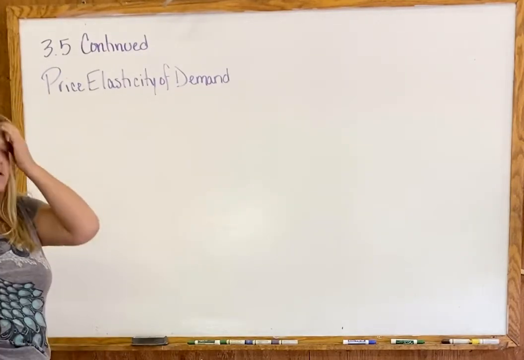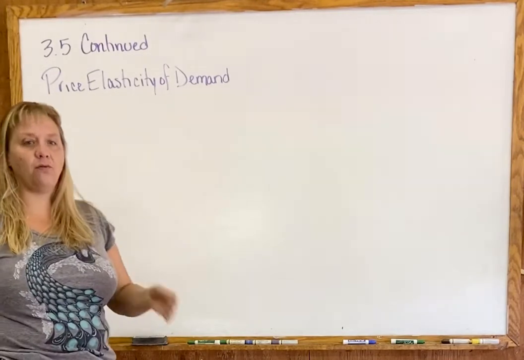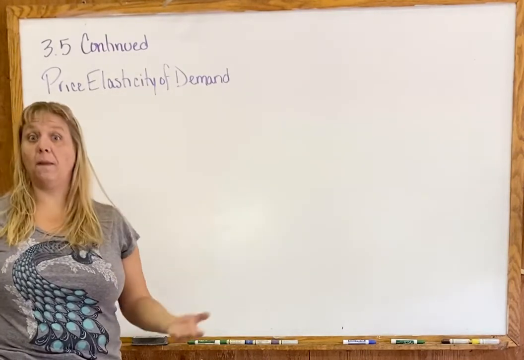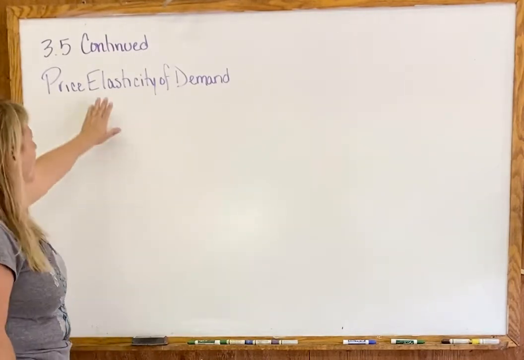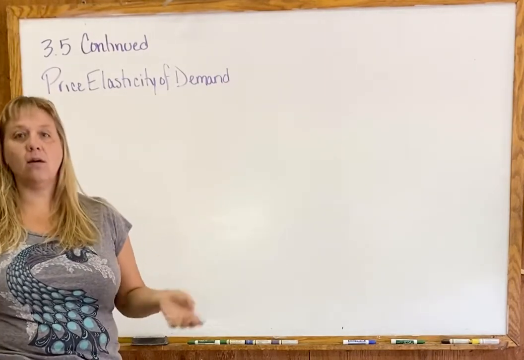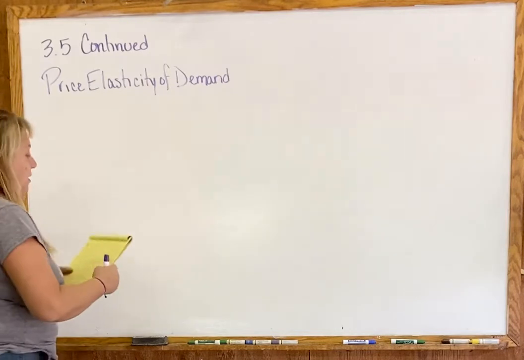It talks about how the demand for a product changes with the price. Okay, so when we talk about elasticity, we say that demand is either elastic or inelastic. So let's start with elastic.